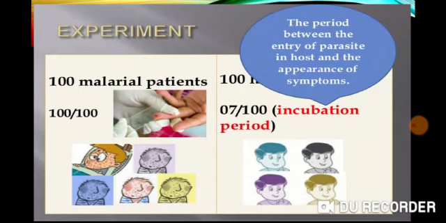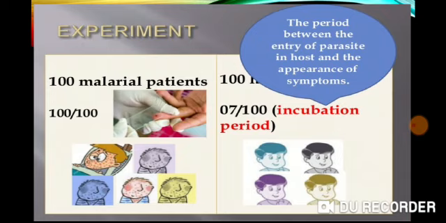On the other hand, he also ran a control group experiment in which he took 100 healthy people, took samples, studied them, and found that 7 of those 100 had plasmodium in their blood, but that plasmodium was in its incubation period, was not active, and malarial symptoms did not appear in their bodies.